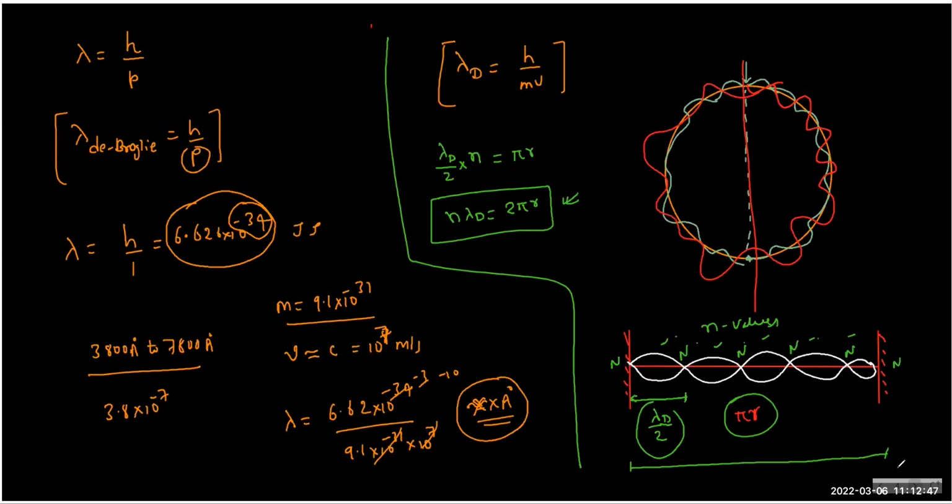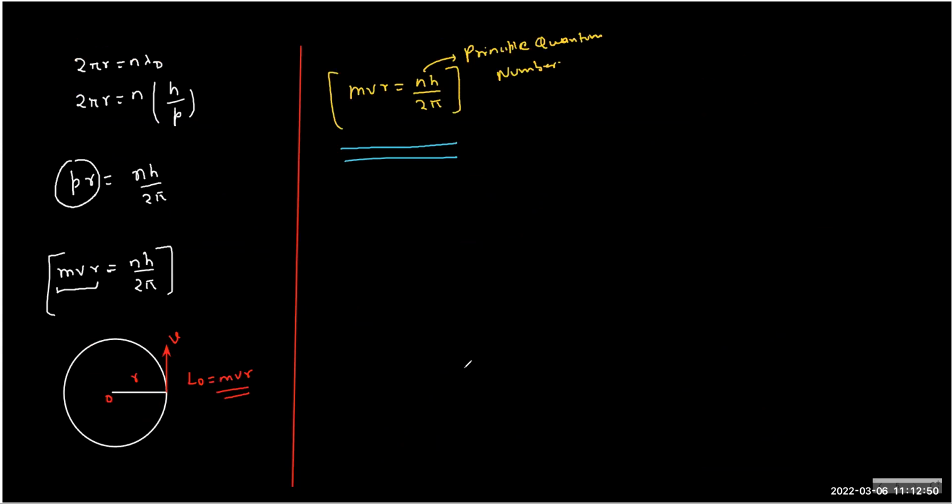And now the quantization has come from the concept of standing wave, and therefore if you combine these two, we can derive the classical Bohr's theory formulas. So no one should mug up the formula. Of course, if you remember it by default, that's good.